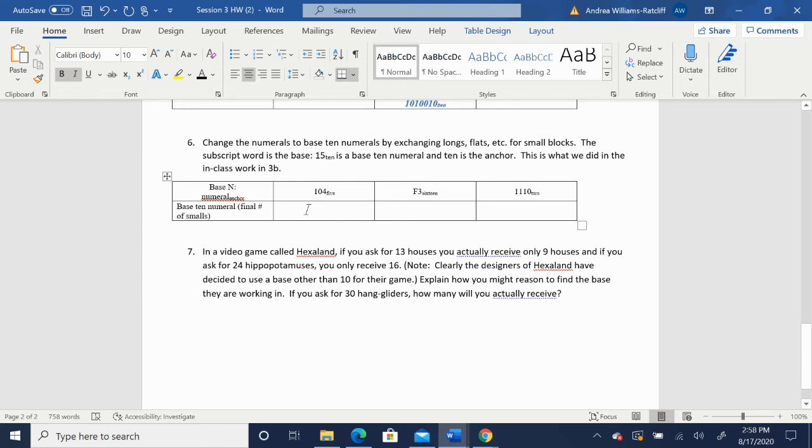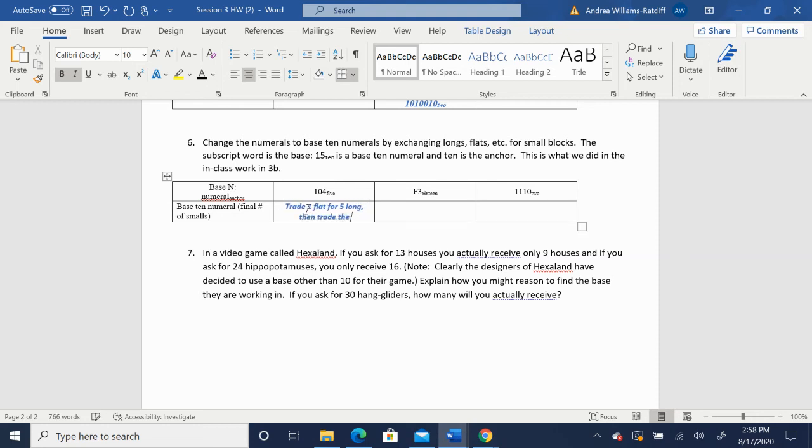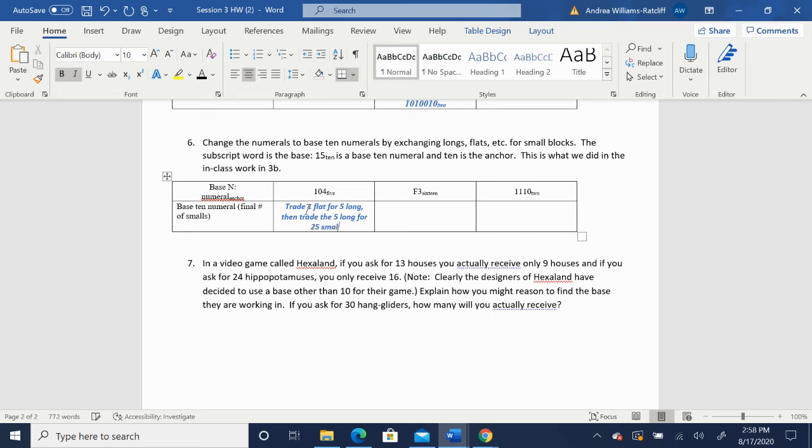So I'm going to trade 1 flat for 5 longs, because we're in base 5. Then trade the 5 longs. Every time I trade a long, I get 5 smalls for each one of them, so 25 smalls.